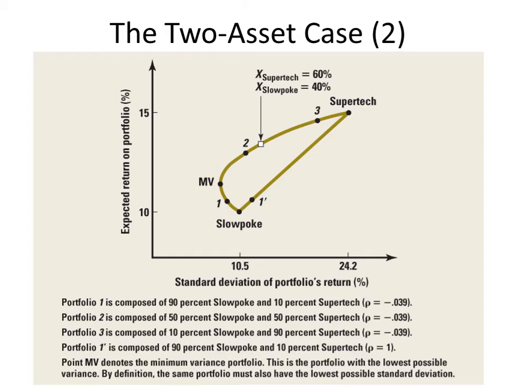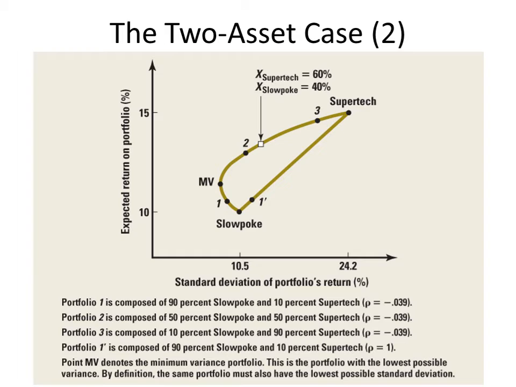And we know that in an efficient market with sane, rational actors, people aren't going to invest in a portfolio like that. And so what we see is that even though portfolio 1 is in the feasible set or opportunity set, which includes the entire curved line between Slowpoke and SuperTech, it is not in the efficient set of portfolios.